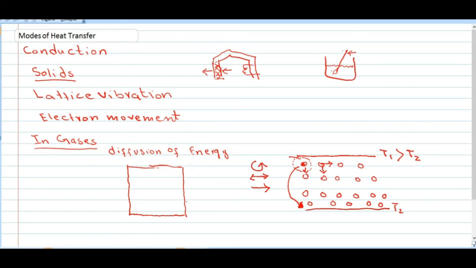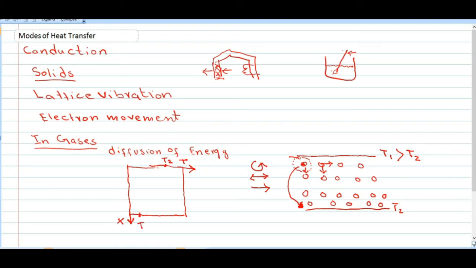This is the temperature axis, and this is the position or distance axis from the hot plate to the cold plate.